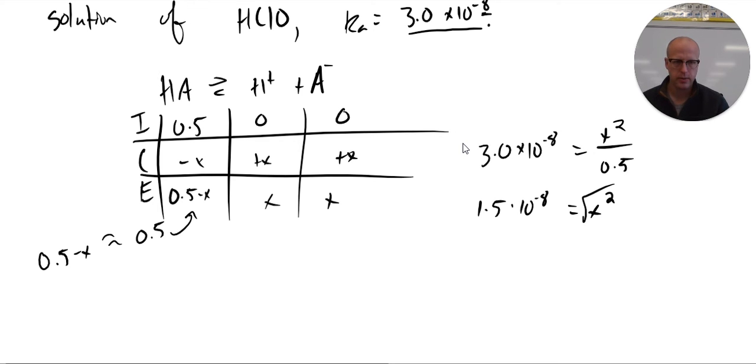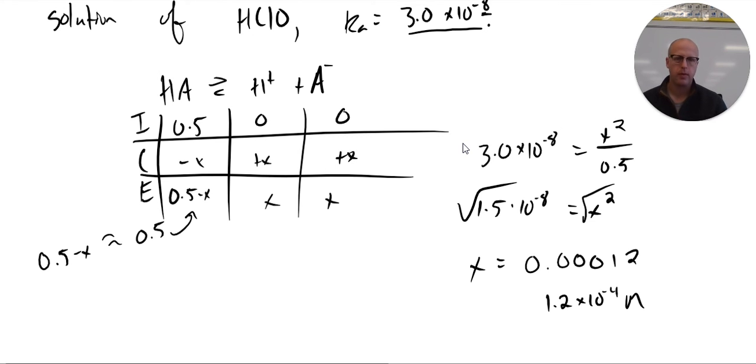And then I'm going to square root both sides of that. And x is equal to 0.00012, or 1.2 times 10 to the negative 4th molar.